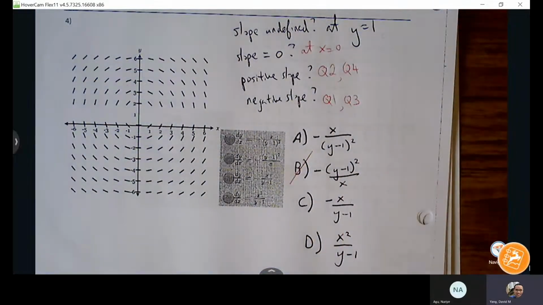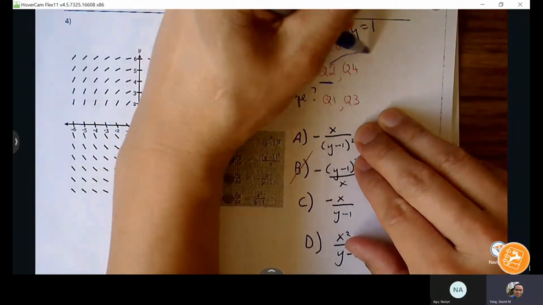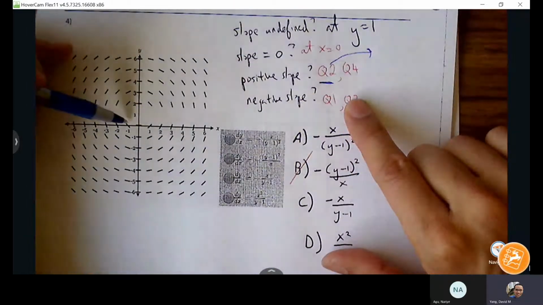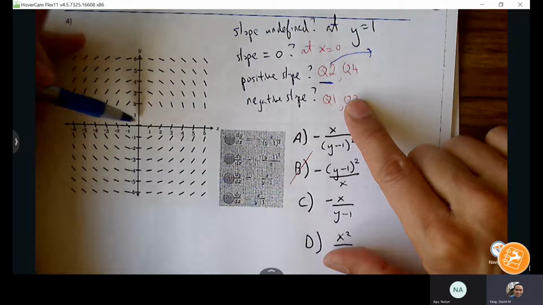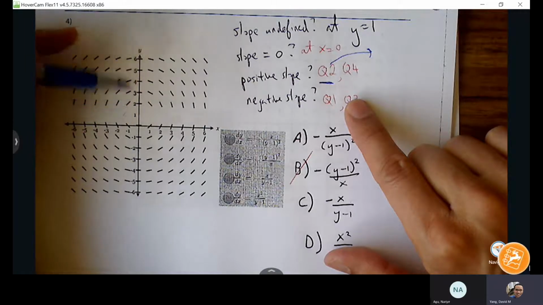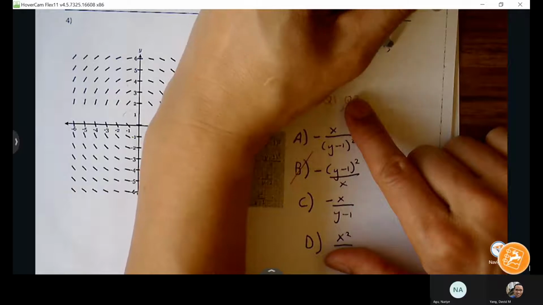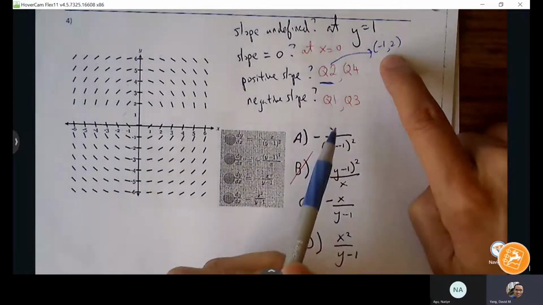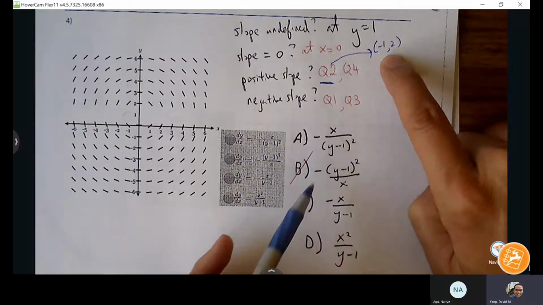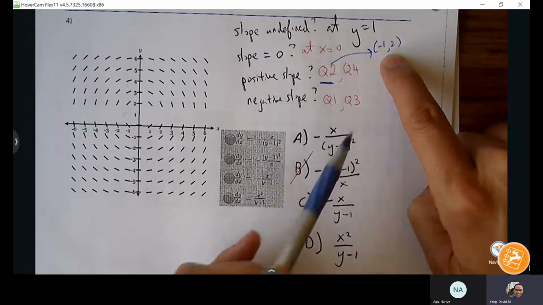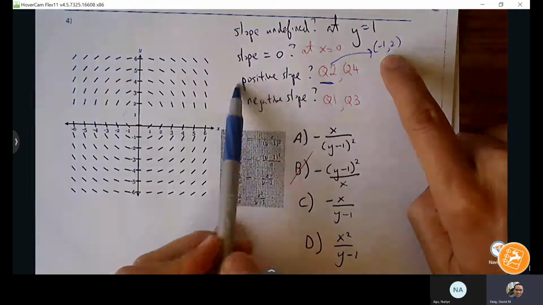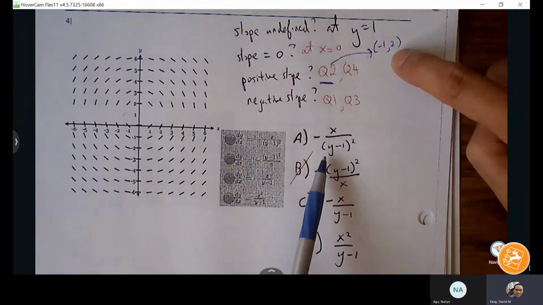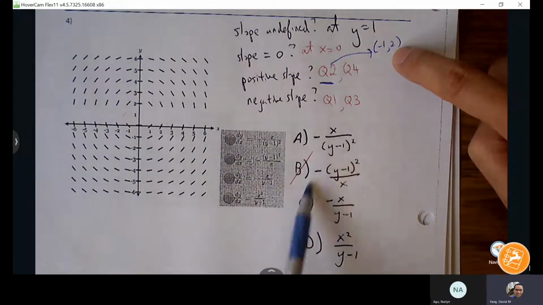Okay, so let's test out quadrant 2, right? Quadrant 2, an easy ordered pair would be what, negative 1, 1? Or sorry, we don't want to use that, right? Let's do negative 1, 2. So that means if I plug in negative 1, 2 into the correct differential equation, I should get a positive in return, right? So let's see if we get anything that we can eliminate.